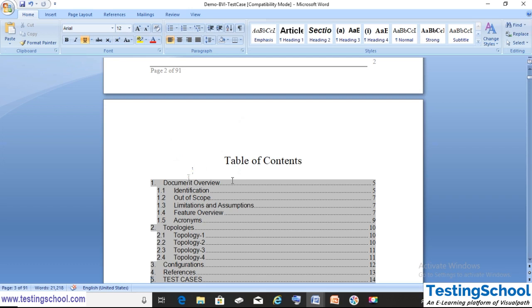So 5.1.1 is BVI configuration test cases, BVI functionality test cases. So there are various categories of the test cases. So you need not worry what is this and what is BVI. That is just an overview. I just want you to understand what is the flow that is followed.